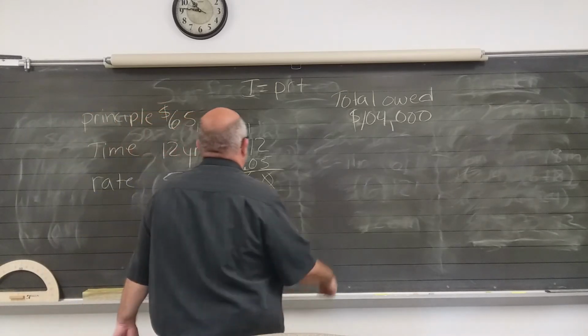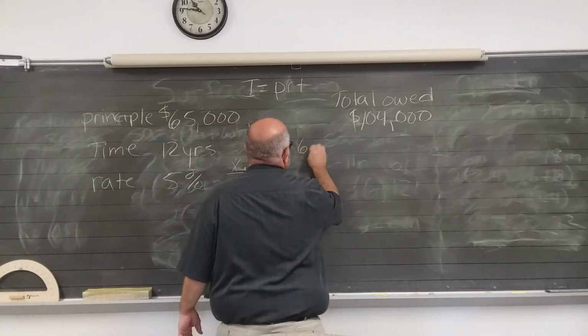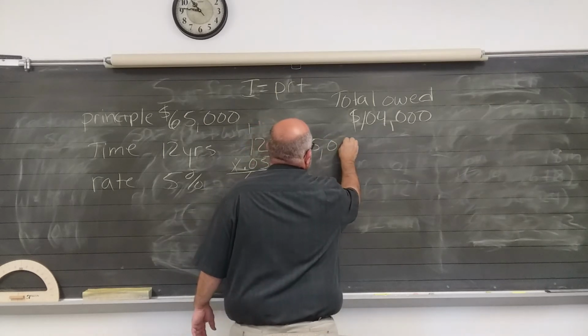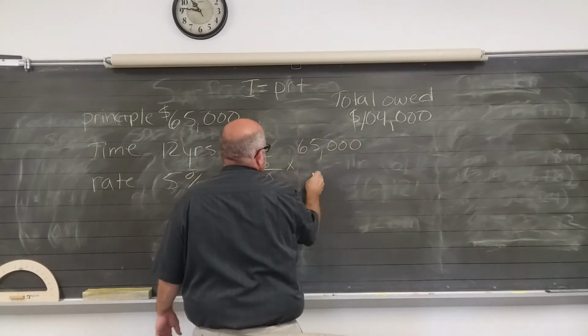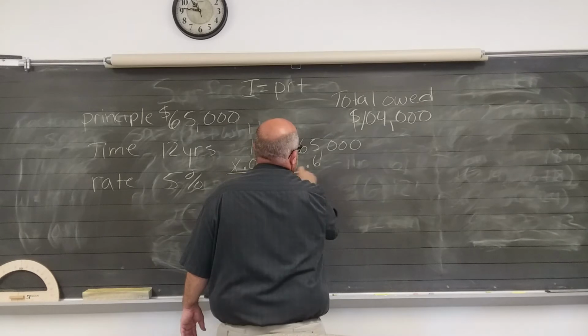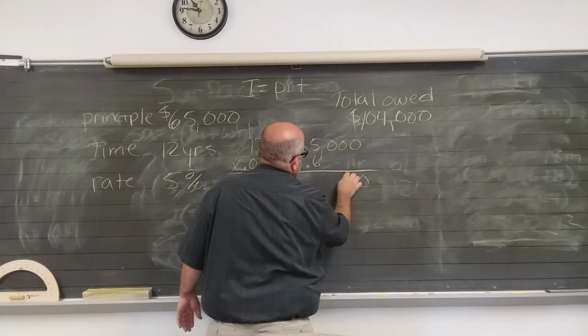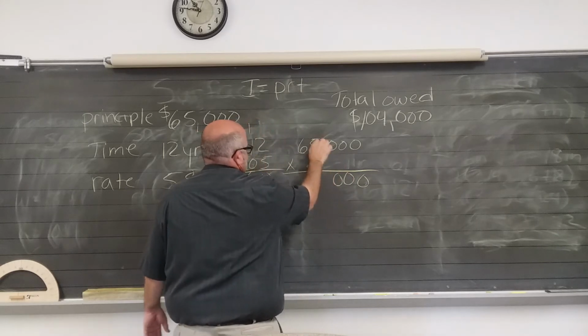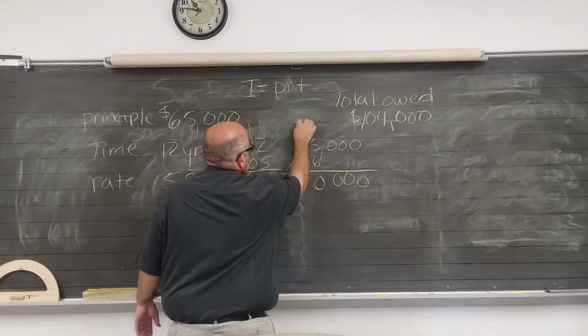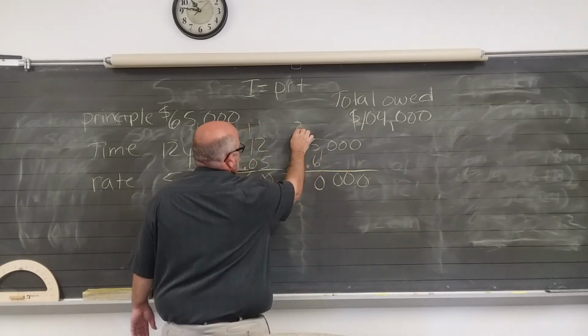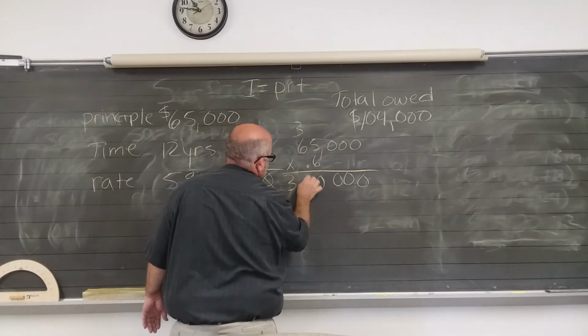So now we have 65,000 times 0.6. If you just strike those zeros out at the end, you can bring them down. 5 times 6 is 30, 36, 37, 38, 39.